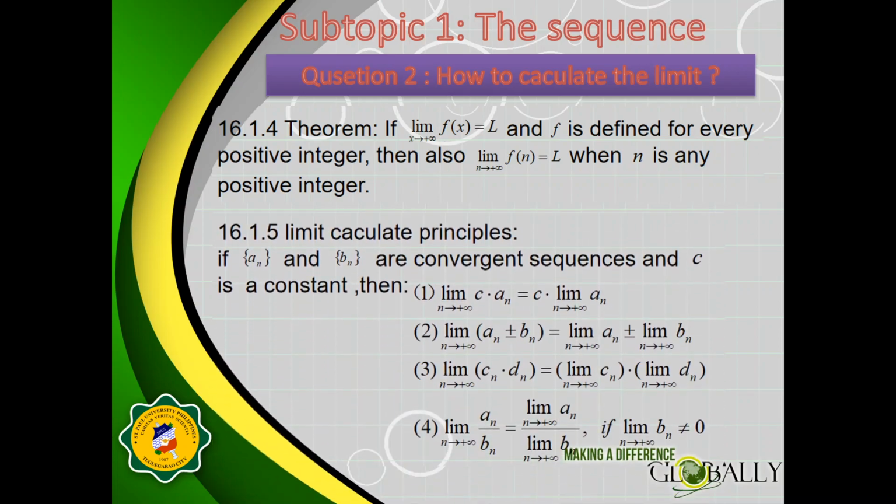Then we can come to the second question: how to calculate the limit. Theorem 16.1.4 tells us we can use the method we use to calculate the limit of the function f(x) to help us calculate the limit of the sequence f(n).